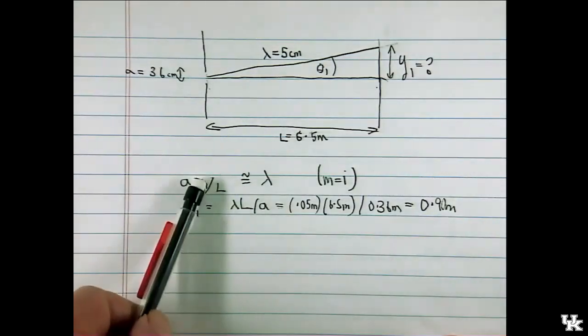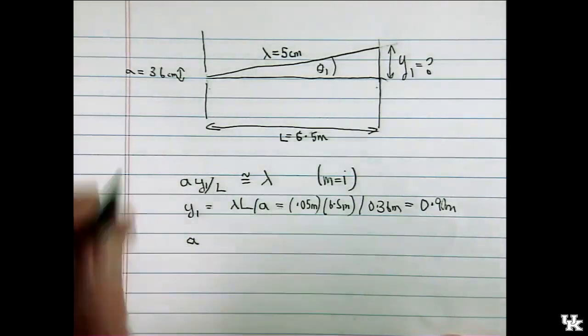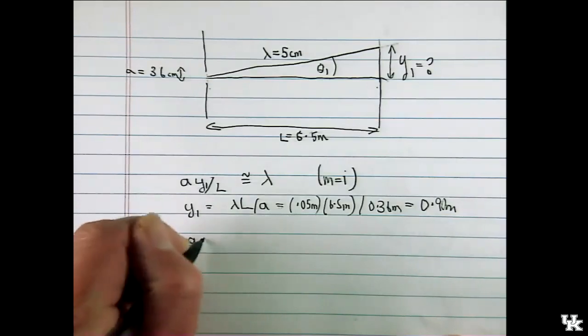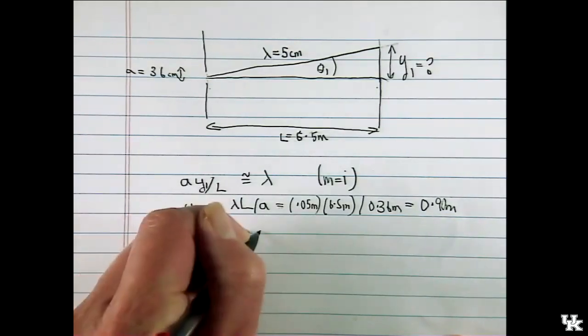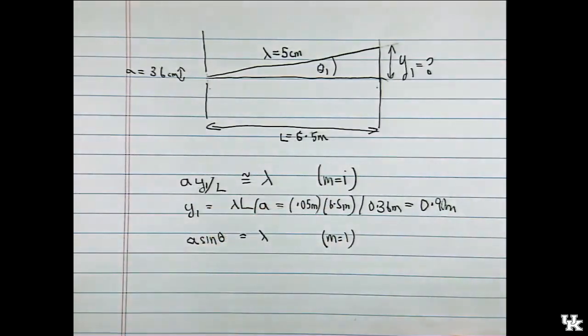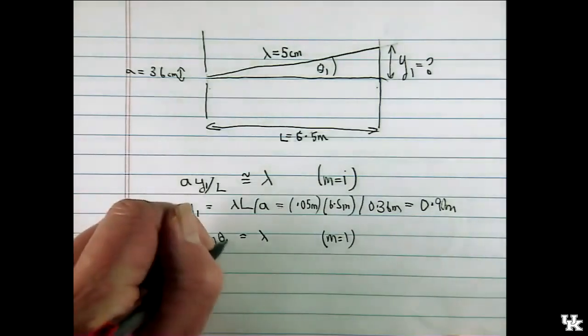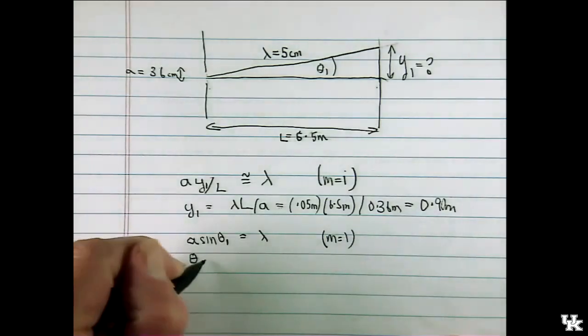This calculation was approximate. The exact formula is a sine theta equals m lambda. Again, I'm thinking about m equals 1, so I'll write it for m equals 1, and I'll hang a 1 as a subscript on the theta because this is the direction of the first dark fringe. So let's redo this calculation, but this time let's calculate theta.